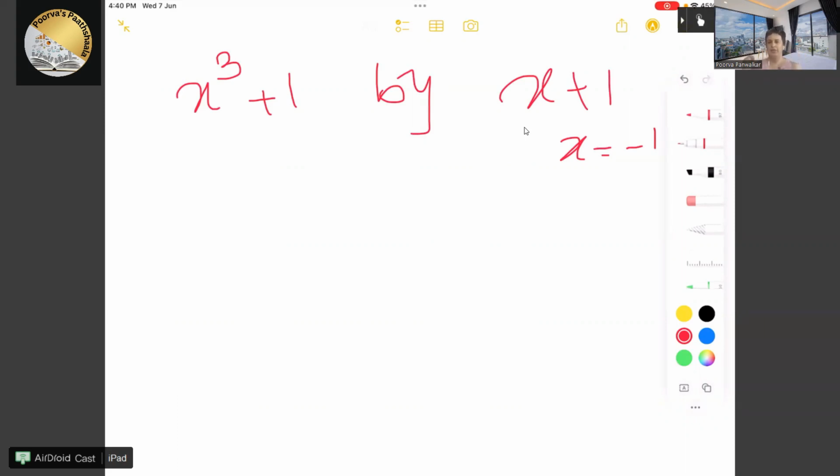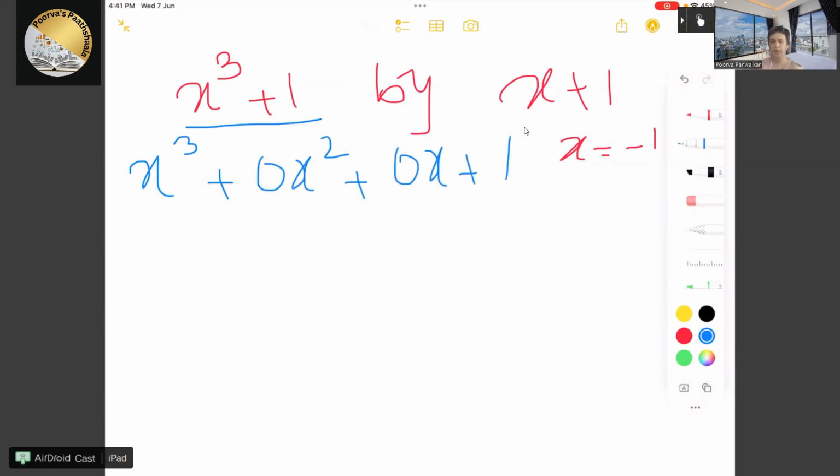So I need to introduce them. The equation is rewritten in a modified form without changing the value of it, and I get it as x cube plus 0x square plus 0x plus 1. So introducing the terms 0x square and 0x is not going to change the value of my term.